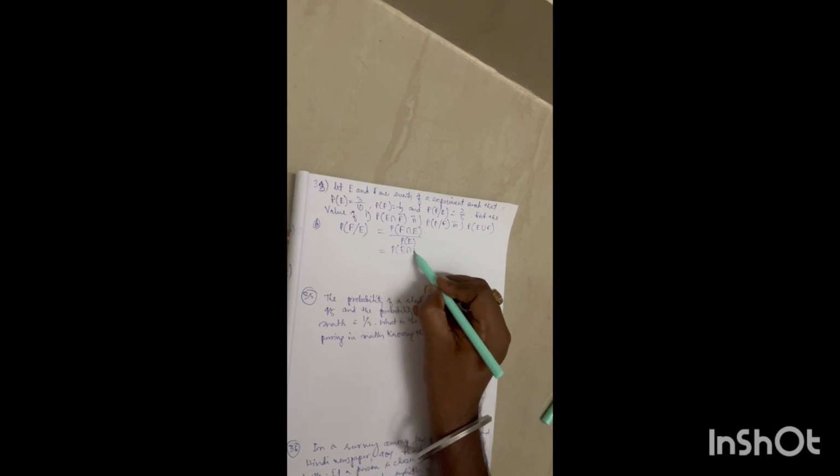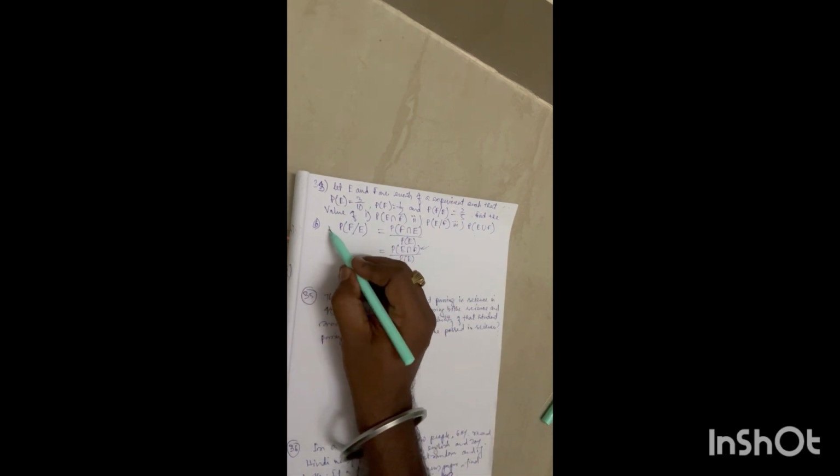Now we have also said the probability of any intersection, whether it is F intersect E or E intersect F, if it is in a sample space and interlinked or interrelated, then both the values are the same. So we can also write it like that, E intersect F, and the remaining will be the same.